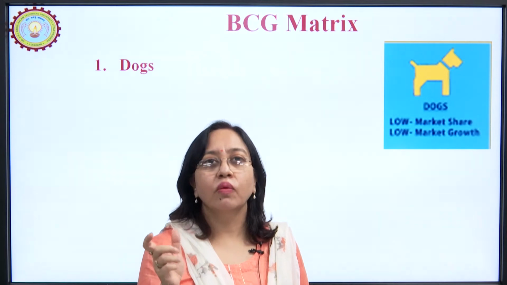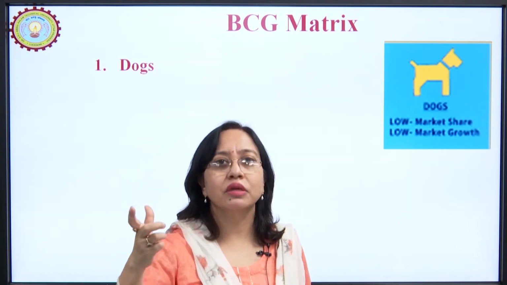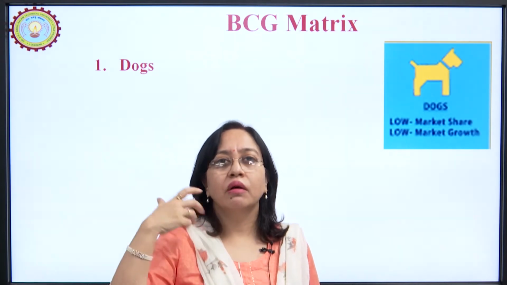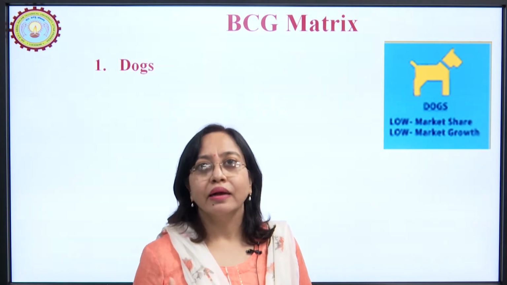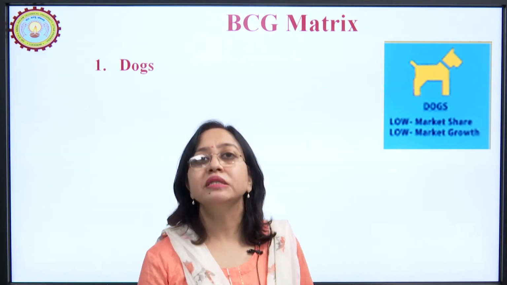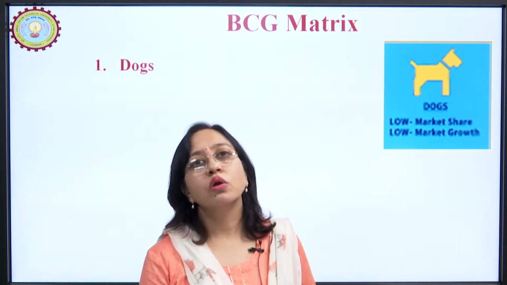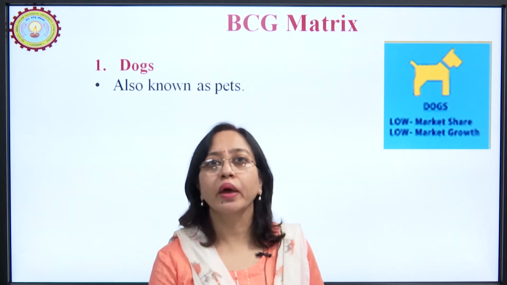Though dogs are very faithful and loyal, generally when you want to abuse somebody, or you want to kick somebody, then you use the word dog. So, in that perspective, the word dog has been used for business, for products that are not performing very well, because both things are low here.